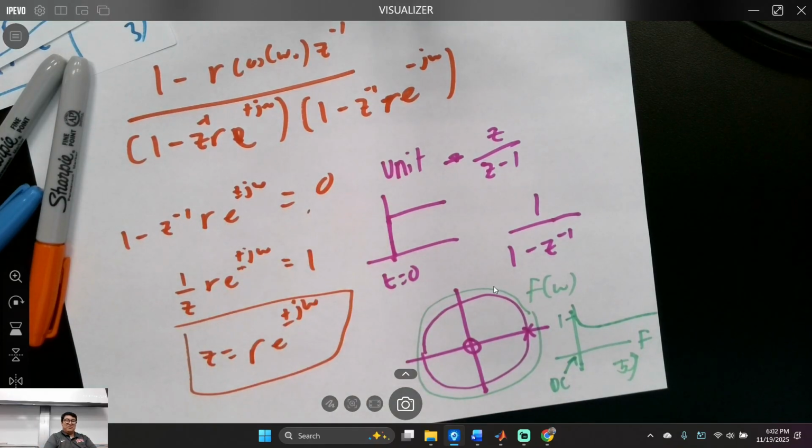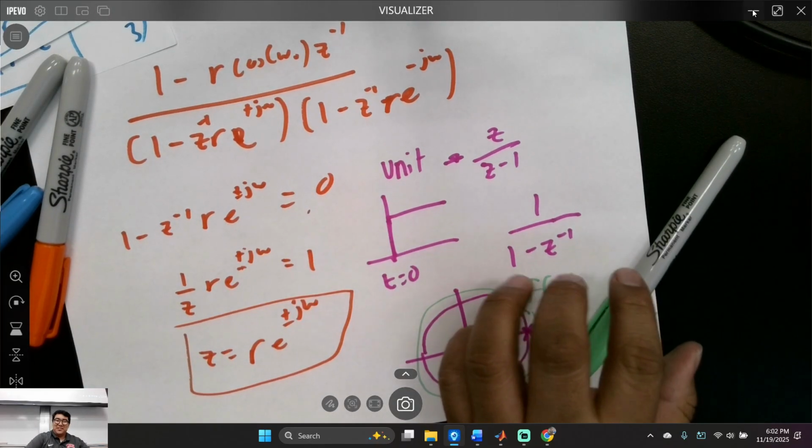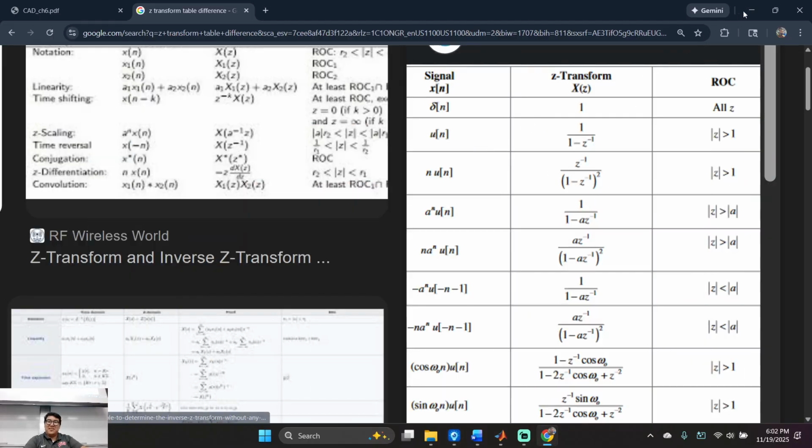So when you do the inverse Laplace transform of the z domain of the unit step, you're going to see that it's just a line. It's not stable. Actually, I think he had a question on this: is the unit step stable or not stable? Because it doesn't do anything, it's just at DC.